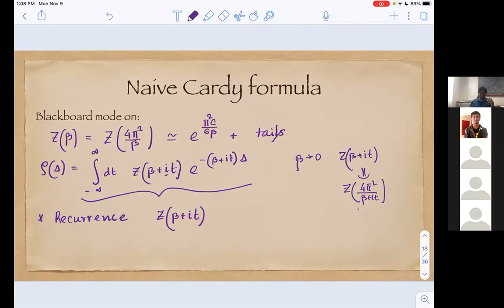So this immediately tells you that we need some sort of regulation. We need to cut off this integral at some finite t and do some estimation of rho of delta. And this cutting off precisely implements the averaging. So cutting off the integral means rho of delta becomes smooth via averaging.